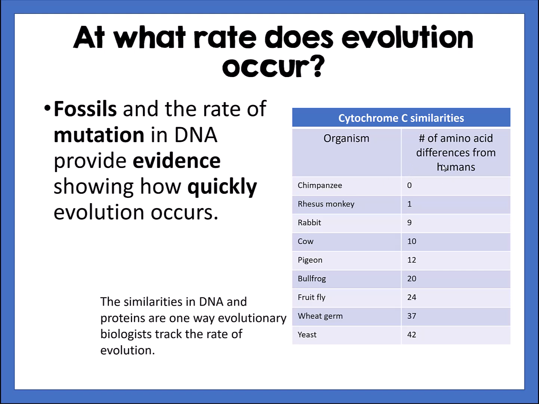So chimpanzees and humans have 0 differences in this amino acid protein chain, and then we continue on. The rhesus monkey has 1 difference. Rabbits have 9 differences compared to human, and so on. And so this comparison allows evolutionary scientists to determine how recently these organisms diverged from a common ancestor.